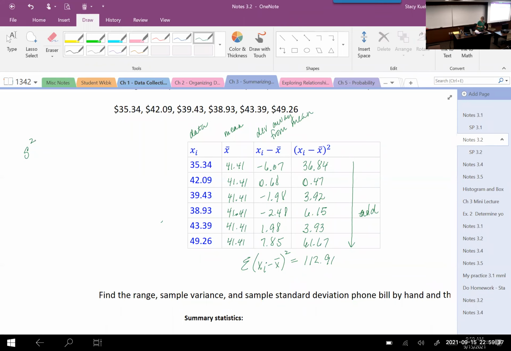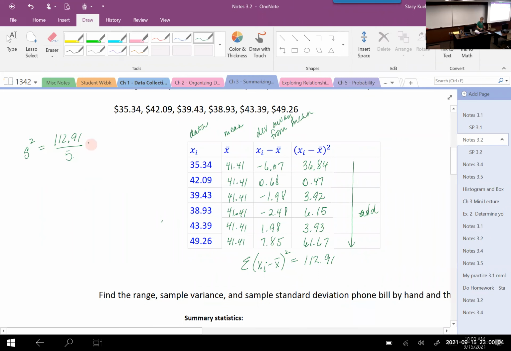And the variance can be found by taking this summation, the 112.91, and dividing it by one less than what we started with. So let's see, we had 1, 2, 3, 4, 5, 6. So that's why we're dividing it by 5. So we divide it by n minus 1.